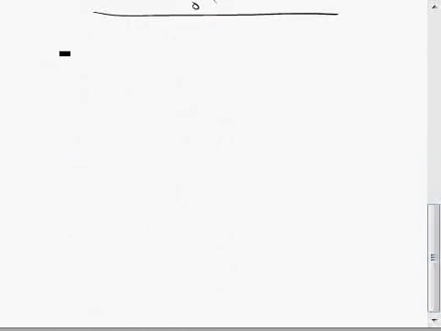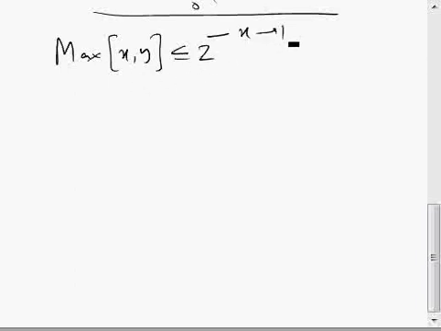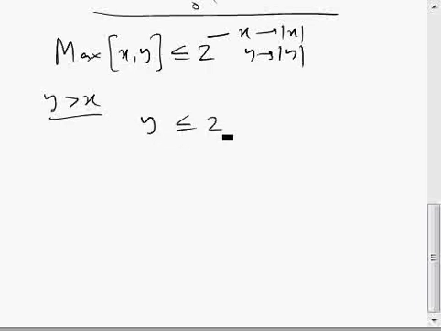Once you have that, you can take reflection of that in both the quadrants, that is replace x by |x| and y by |y|. And now we'll have to make two cases. When y is greater than x, then the max is y, so y is less than or equal to 2. When x is more than y, then x is less than or equal to 2. So we can combine these two cases.